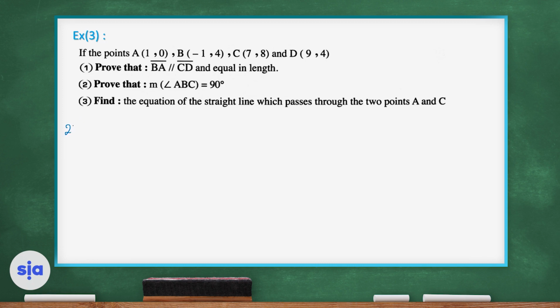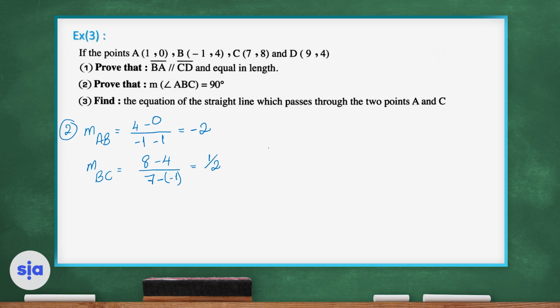To prove this, we can find the slope of line AB, which is equal to 4 minus 0 over negative 1 minus 1. This is equal to negative 2. And the slope of BC equals 8 minus 4 over 7 minus negative 1, and this is equal to half.